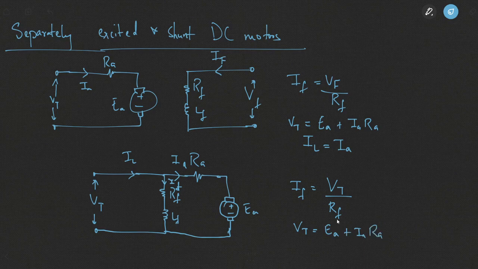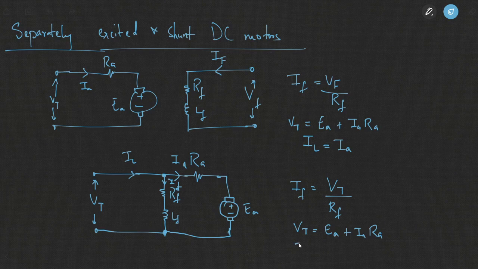That equation will not change. That's why I said the torque speed equation will also be more or less the same. VT is equal to EA plus IARA because the voltage across these two points is also VT, and the voltage across this point and through here is also VT because they are all in parallel.